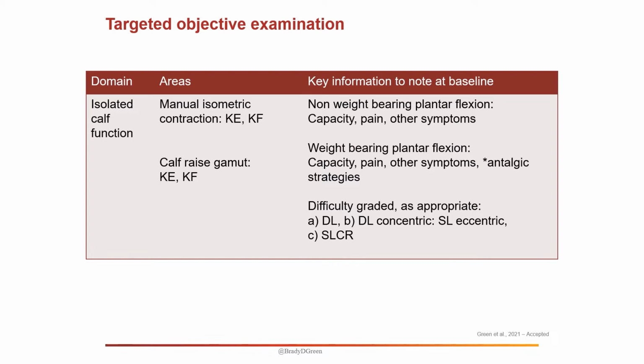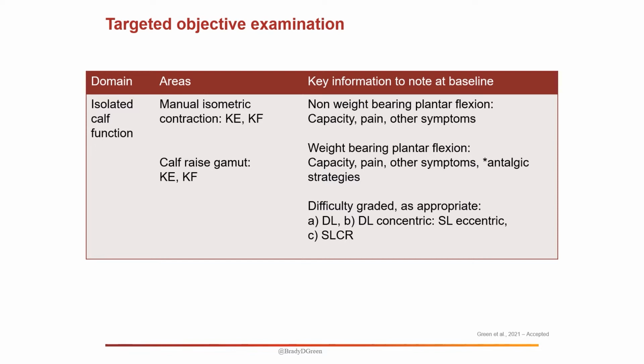With the knee extended, conversely, perhaps a gastrocnemius injury, although it doesn't always follow that rule. After getting an appreciation for isometric contraction, doing a calf raise gamut in weight bearing conditions through range, with the knee extended and the knee flexed, to get an understanding of what they can do in terms of their capacity.